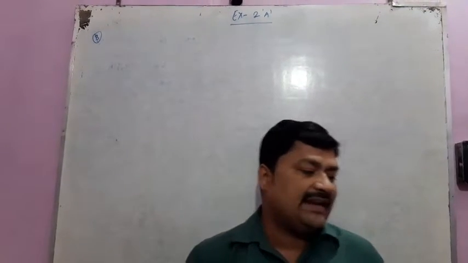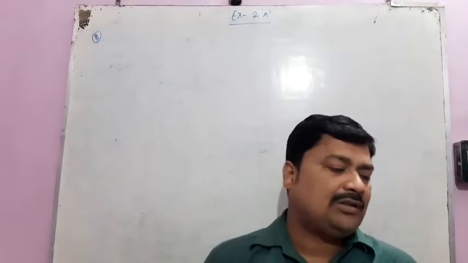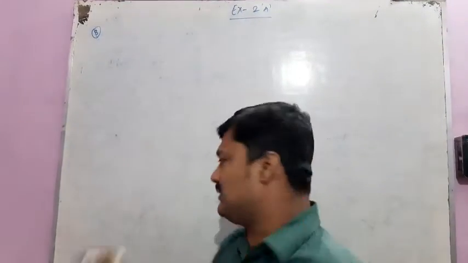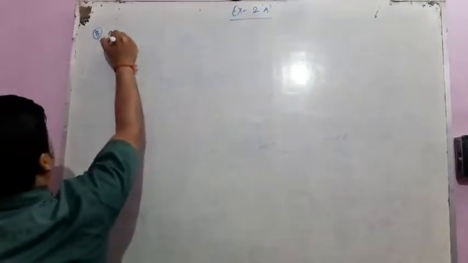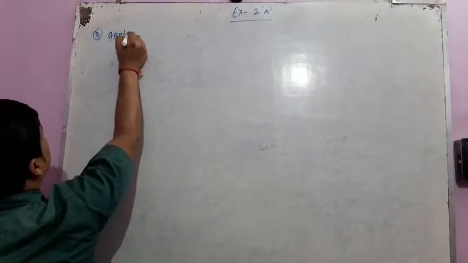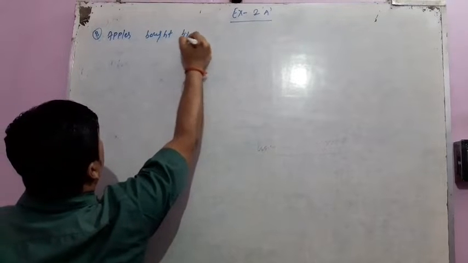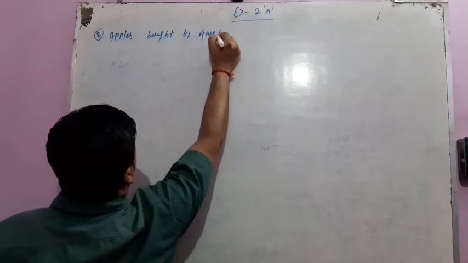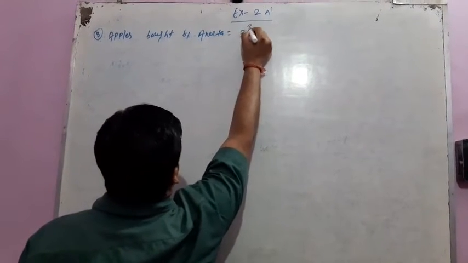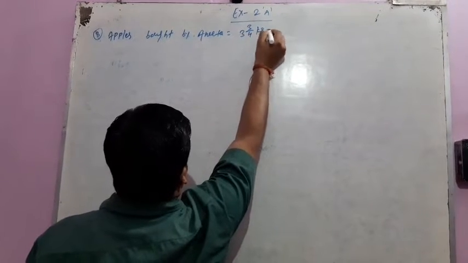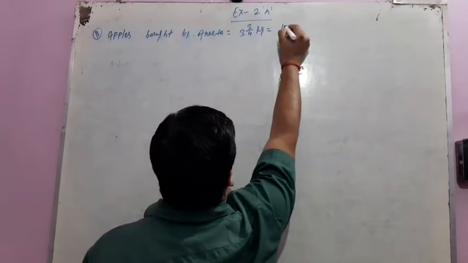In question number 8, it is given that Anita bought 3 whole 3 by 4 kg apples. Apples bought by Anita equal 3 whole 3 by 4 kg, that is equal to 4 times 3 is 12, 12 plus 3, 15 by 4 kg.